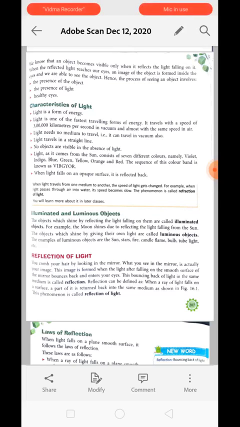The second characteristic is that light is one of the fastest traveling forms of energy. It travels with a speed of 3 lakh kilometers per second in vacuum and almost the same speed in air. It means light can travel 3 lakh kilometers in just a blink of an eye, that is in 1 second.